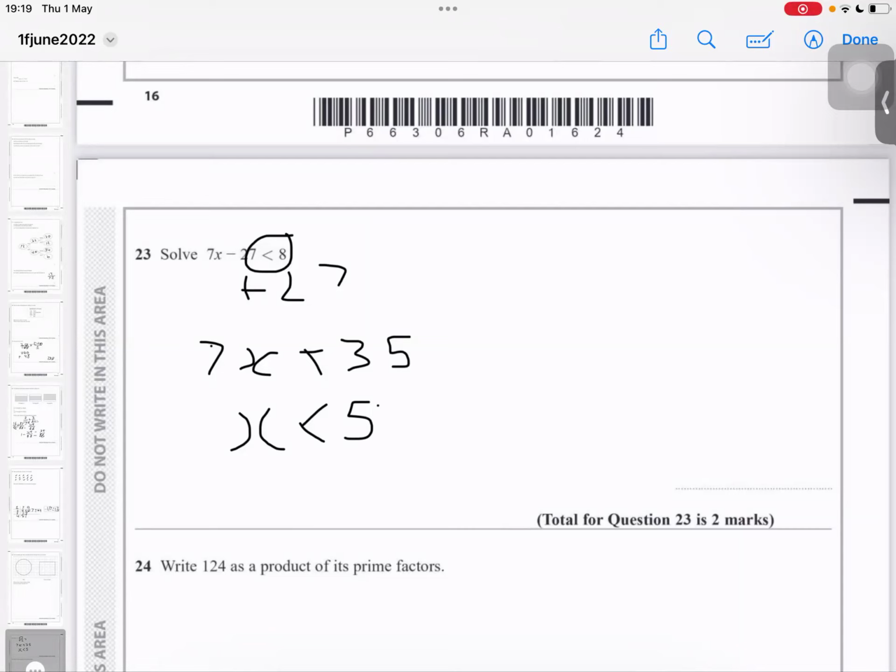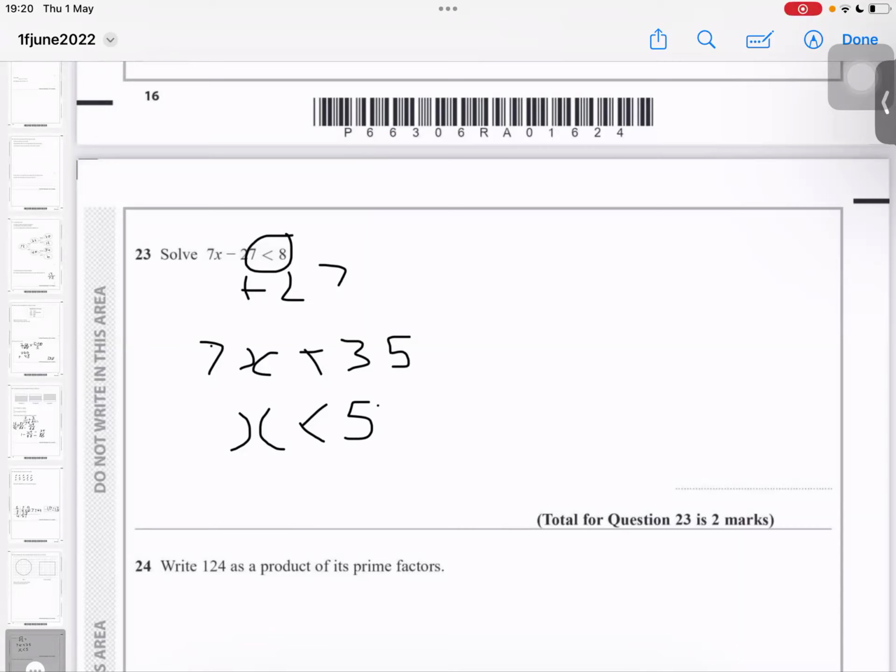It's just that this time, instead of equals to, you have less than or greater than. However, the difference between inequalities and equations is that the signs can be reversed. So what are the things that can reverse the signs? When you divide or multiply by a negative number. In this case, we did not do any of that.